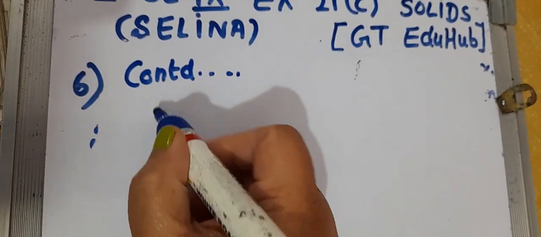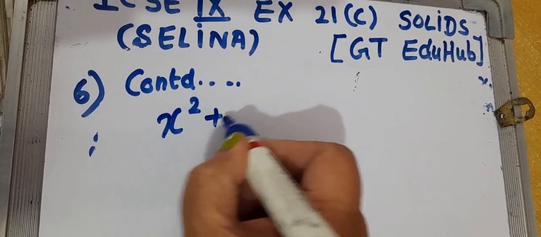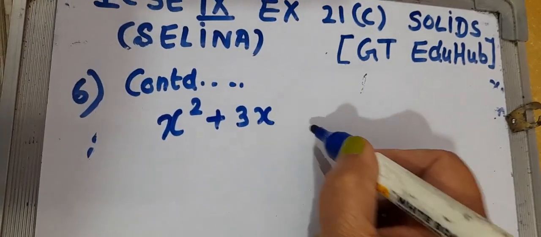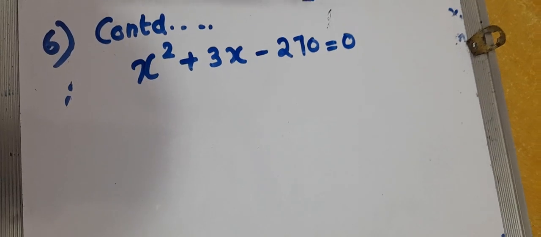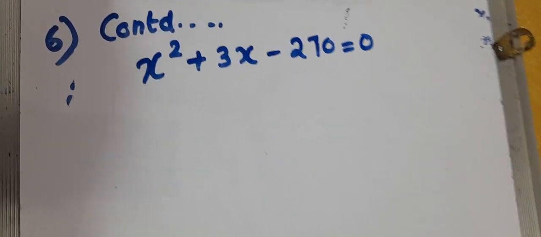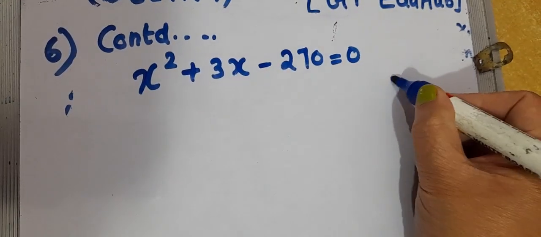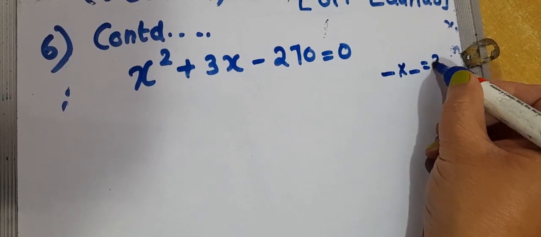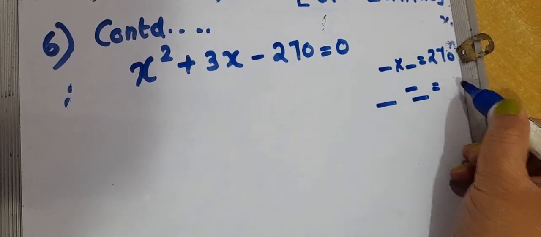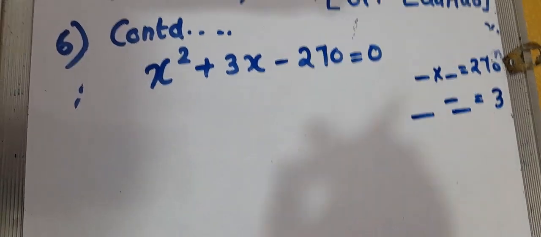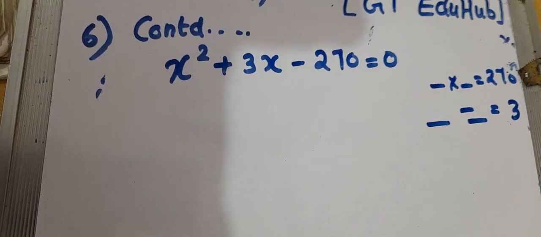We have formed quadratic equation x square plus 3x minus 270 equals to 0. Now we will factorize this. For this we have to find two numbers on multiplying which we get 270 and on subtracting which we get 3. So students make calculation.